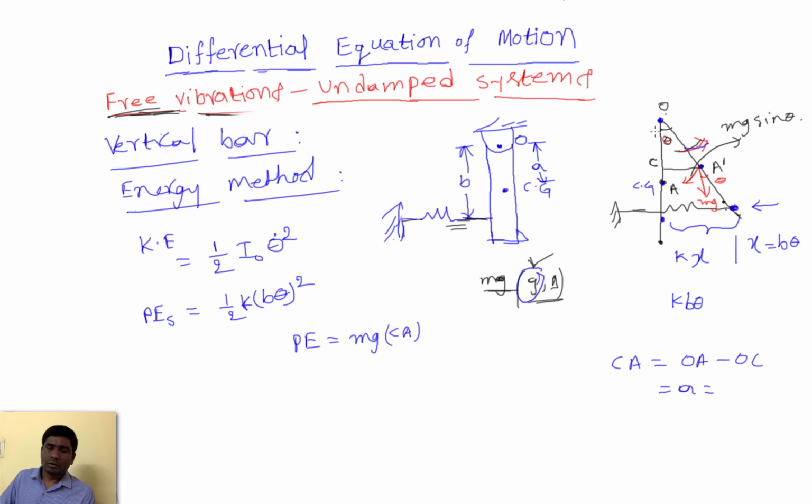OA equal to a, and what is the OC? If you take a triangle OCA dash, OA dash is a, we know that one, and this is theta. Then cos theta equal to OC by OA dash. So first of all, we will write OC equal to cos theta into OA dash.